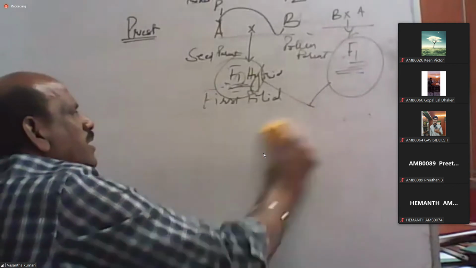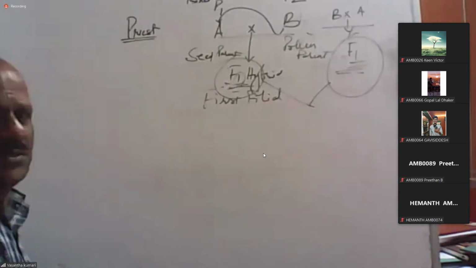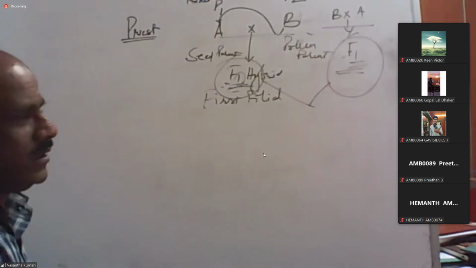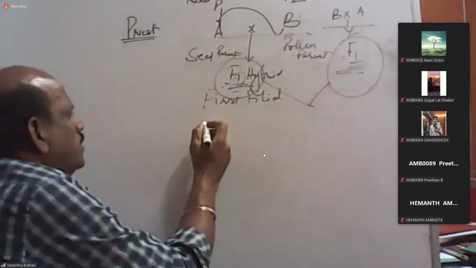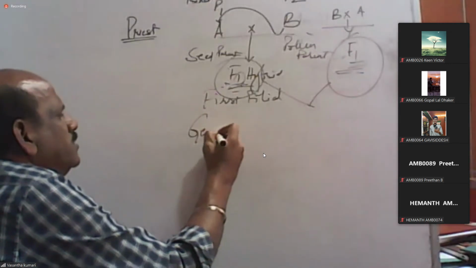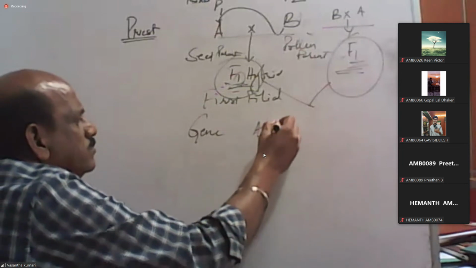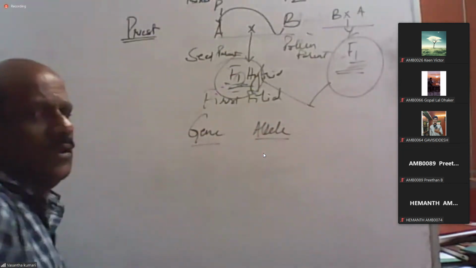Now we have understood what a reciprocal cross is, what a backcross is, what P1, P2, F1 are. Now we'll come to what a gene is. Who gave the concept of gene? Johansson.